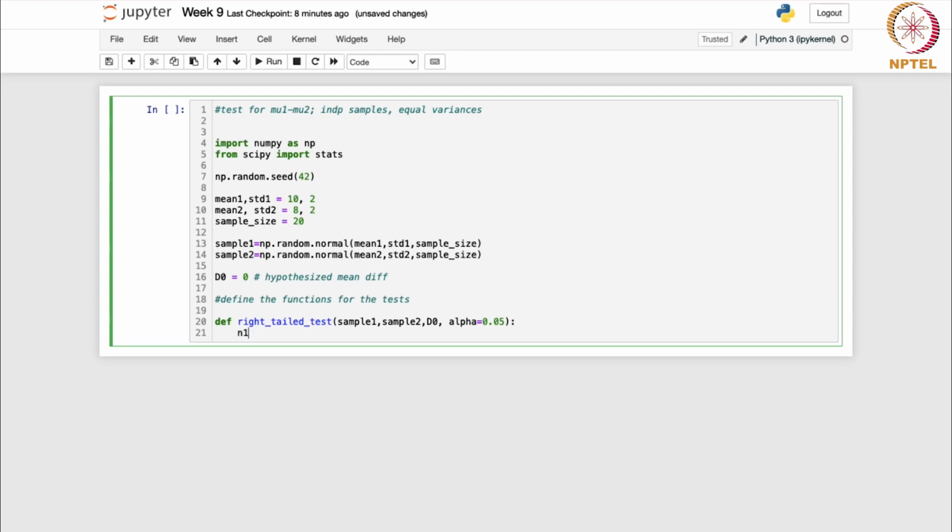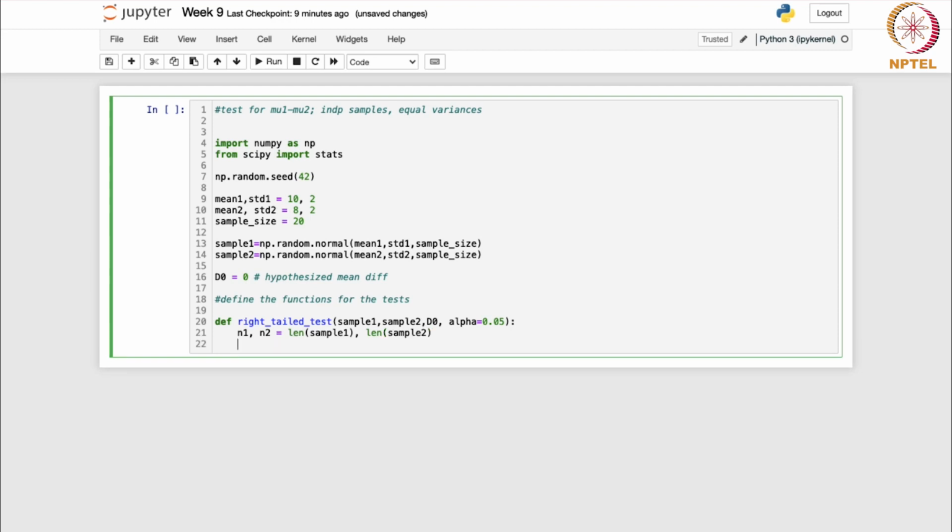Here n1 and n2 are the length of sample 1 and the length of sample 2. These are the parameters of the function, so we are going to compare these two samples. d0 is the hypothesized difference between the means, and alpha, as you know, is the level of significance, so we are taking it as 0.05 in this case.